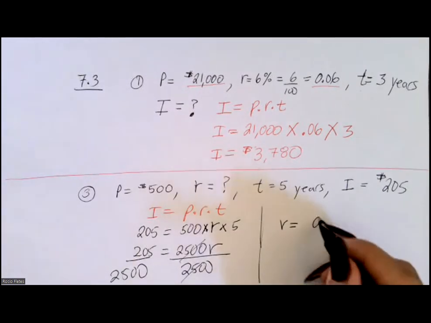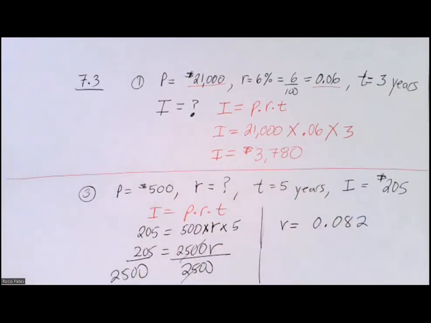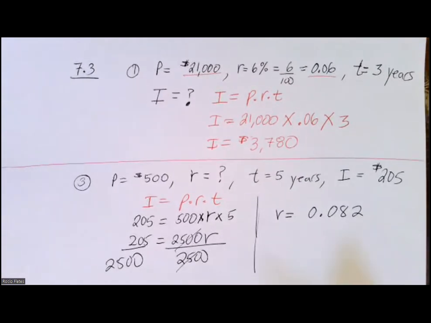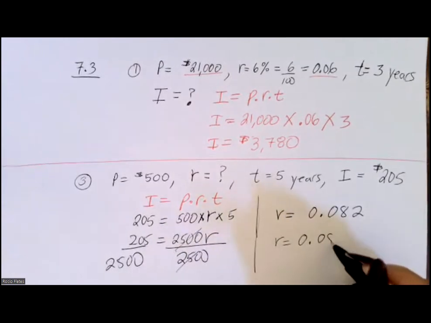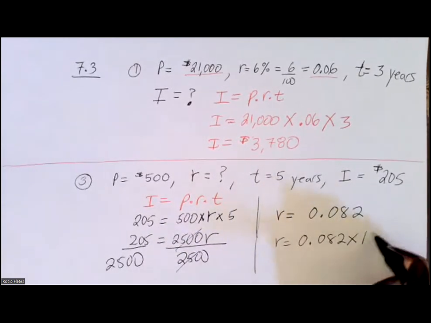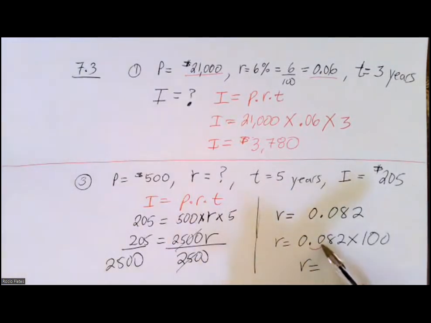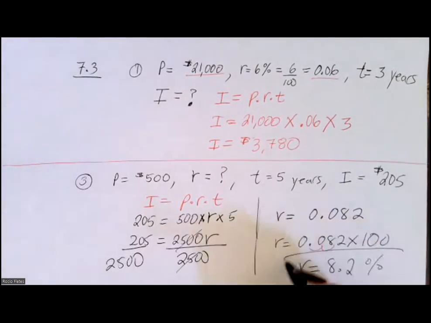This is a rate, but notice that we get the answer in decimal form, and they want us to write it in percent form. So we're going to multiply by 100. When we do that, we move the decimal point 2 places to the right, and this becomes 8.2, and we add the percent sign.